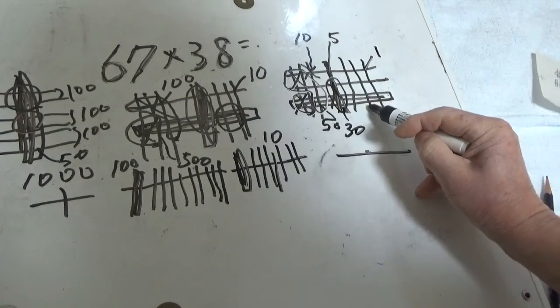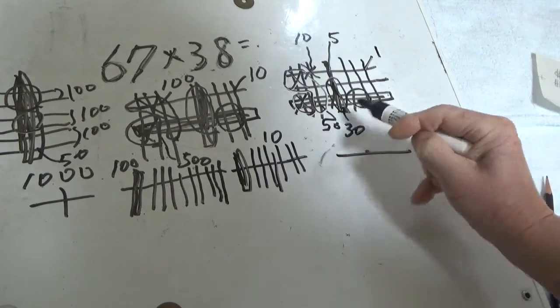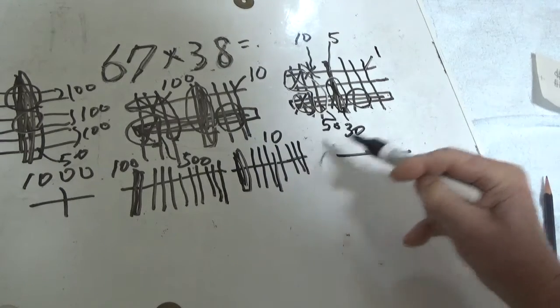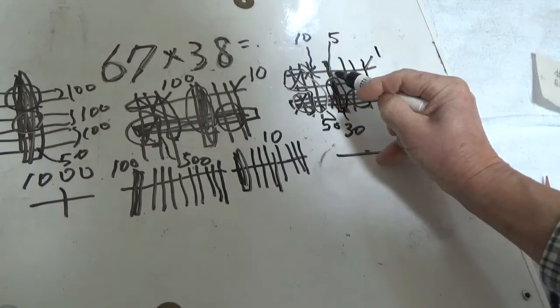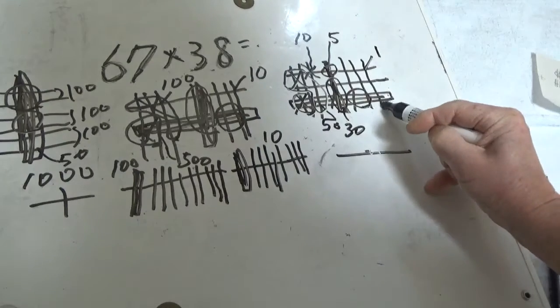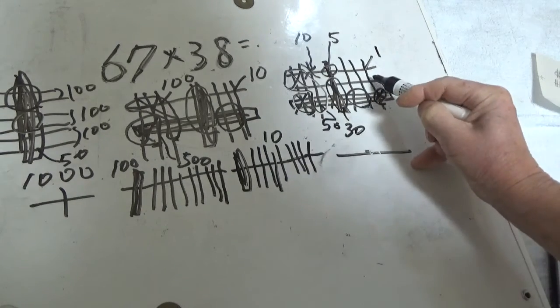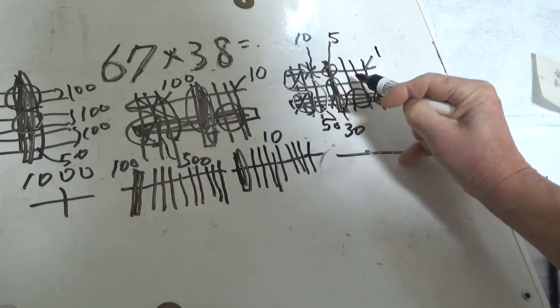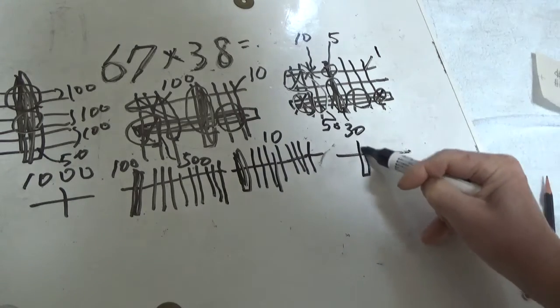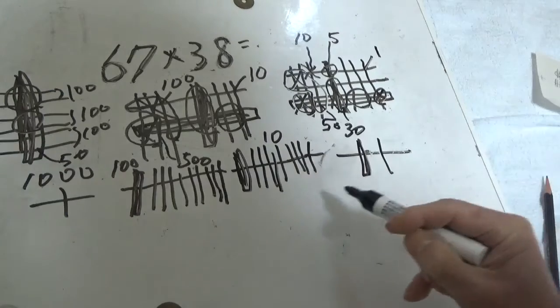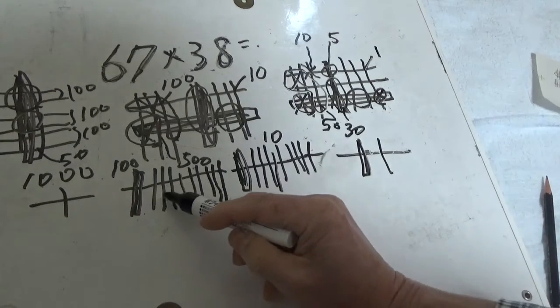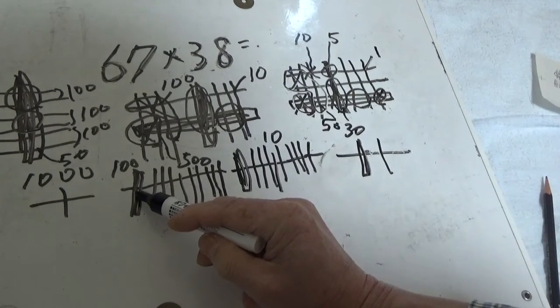This is 10, this is another 10, and remaining 1, 2, 3, 4, 5, 6. 6. So 100.